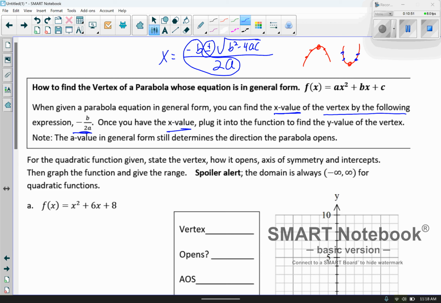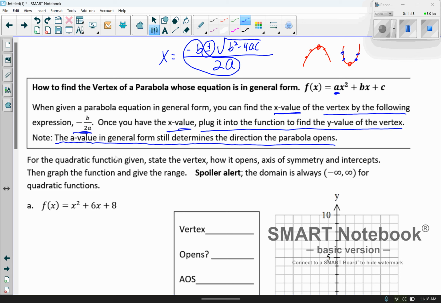Once you have the x value, just plug it into the function to find the y value of the vertex. So once you know x, just plug it in, and you can figure out its partner, the y value. Note, the a value in general form still determines the direction of the parabola. So that a value is right in front of x squared right there. So that will still tell us whether the parabola is going to open up or down. So here are the directions.